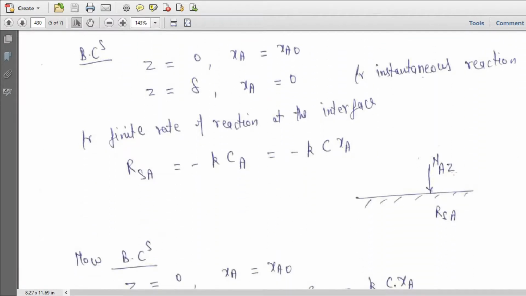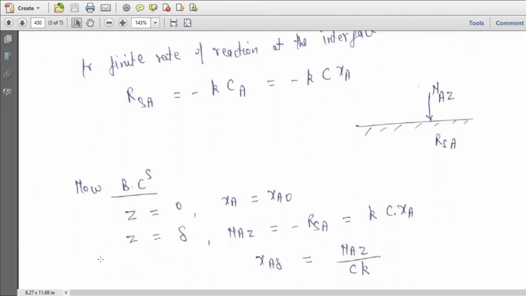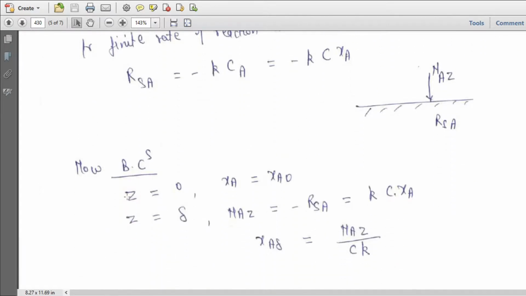Now NAZ equals RSA. Whatever flux is coming, the same rate is being consumed by the reaction. So the boundary conditions now are: Z equal to 0, XA equals XA0; Z equal to delta, NAZ equals minus RSA equals k C XA. So XA delta is NAZ/(C k).